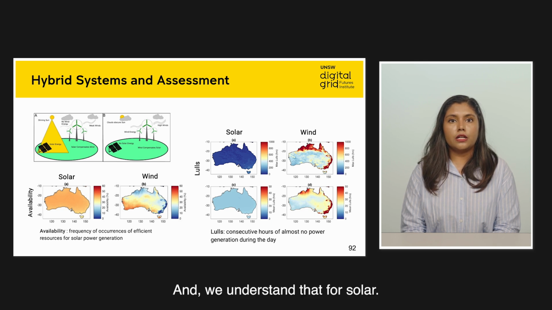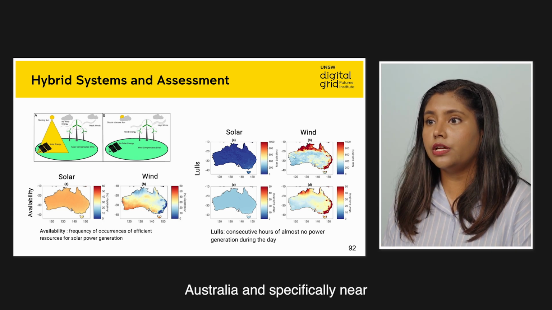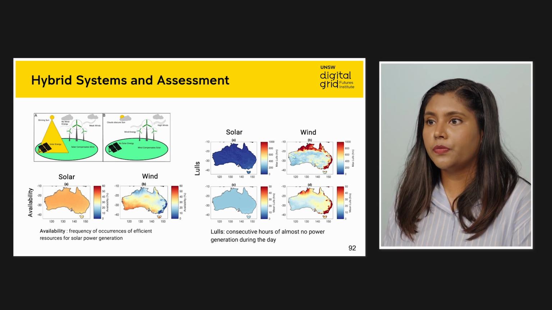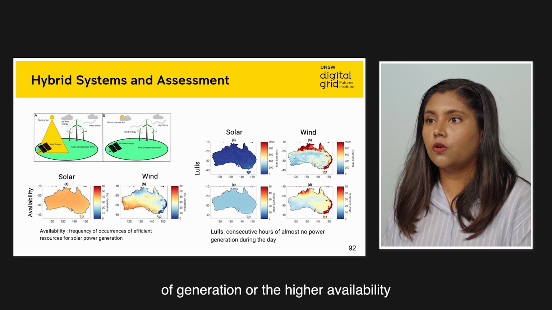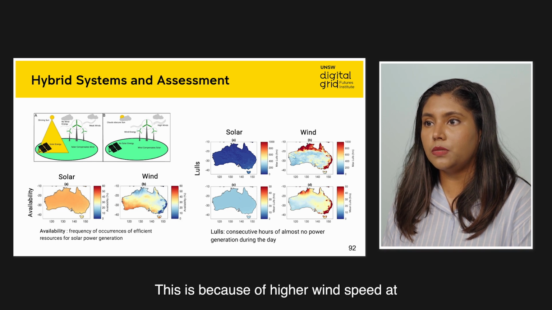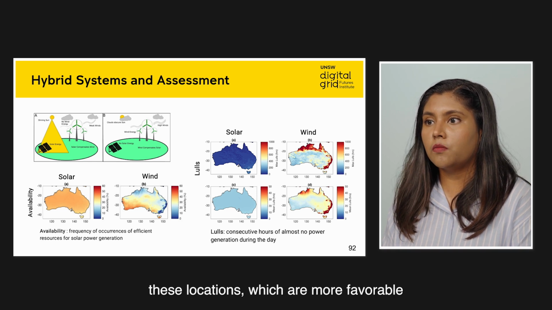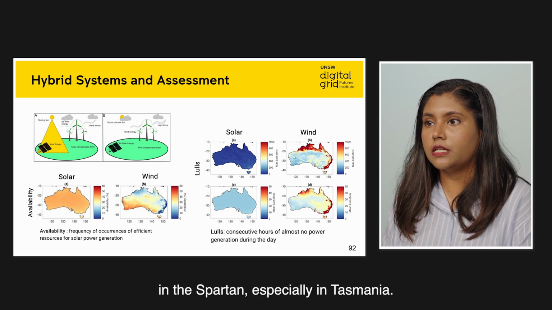And we understand that for solar, we have higher favorable generation periods across entire Australia and specifically near the northern part of Australia. But for wind, we have a higher amount of generation, or higher availability, across the southern regions of Australia. This is because of higher wind speed at these locations, which are more favorable for having wind farms up and running in these parts, and especially in Tasmania.